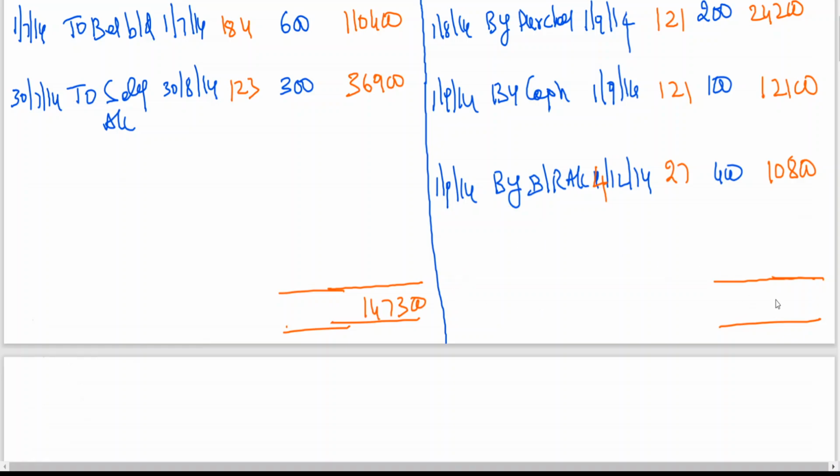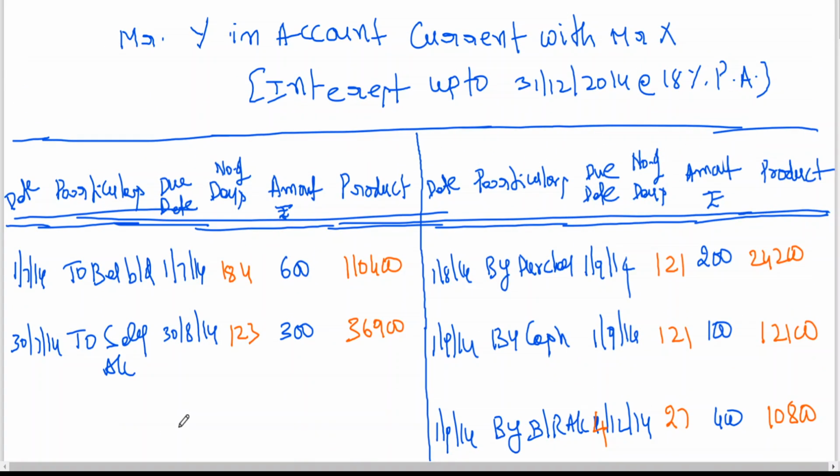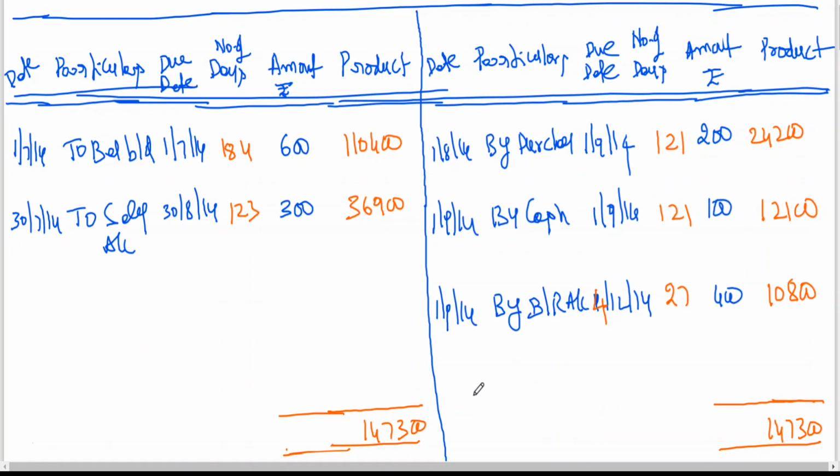Then 1,47,300 minus 24,200 minus 12,100 minus 10,800, you are getting 1,02,000. So 30th September 14, by balance of product, it is coming to 1,02,000.